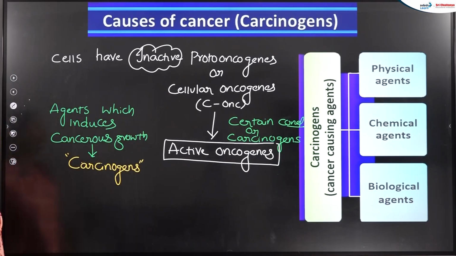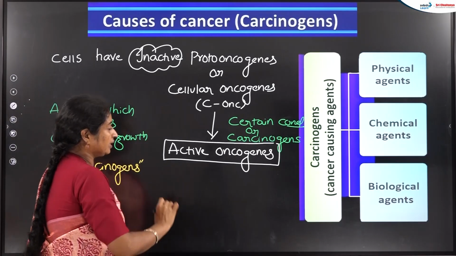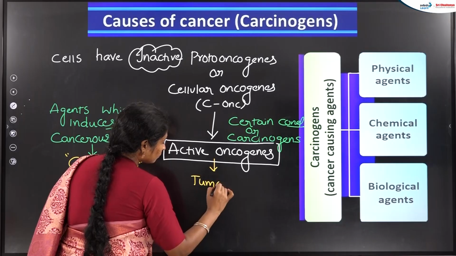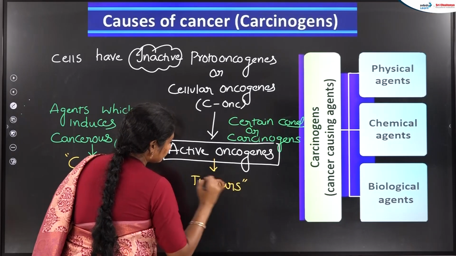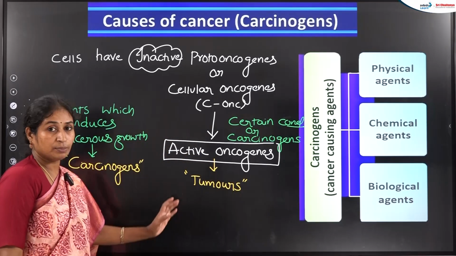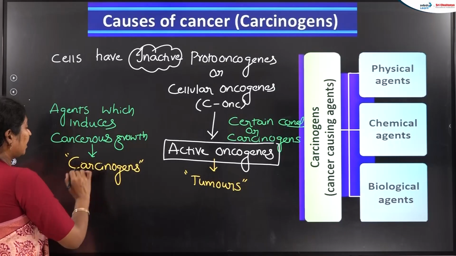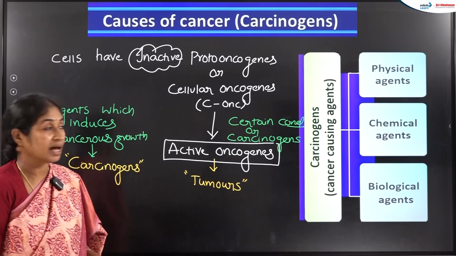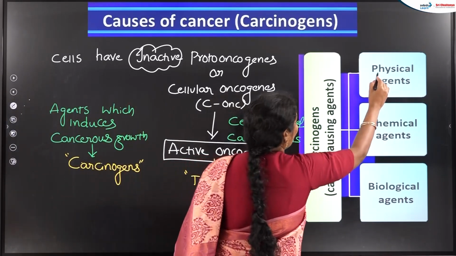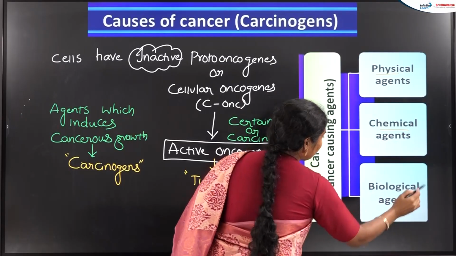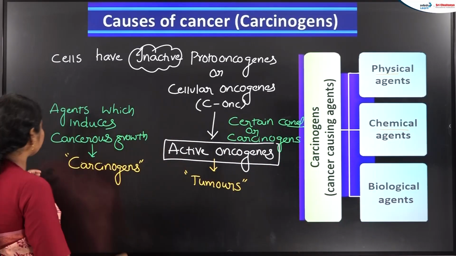Whenever the inactive oncogenes get activated, these active oncogenes lead to tumors. It starts with a benign tumor and continues as a malignant tumor. There are three different types of carcinogens: physical agents, chemical agents, as well as biological agents.